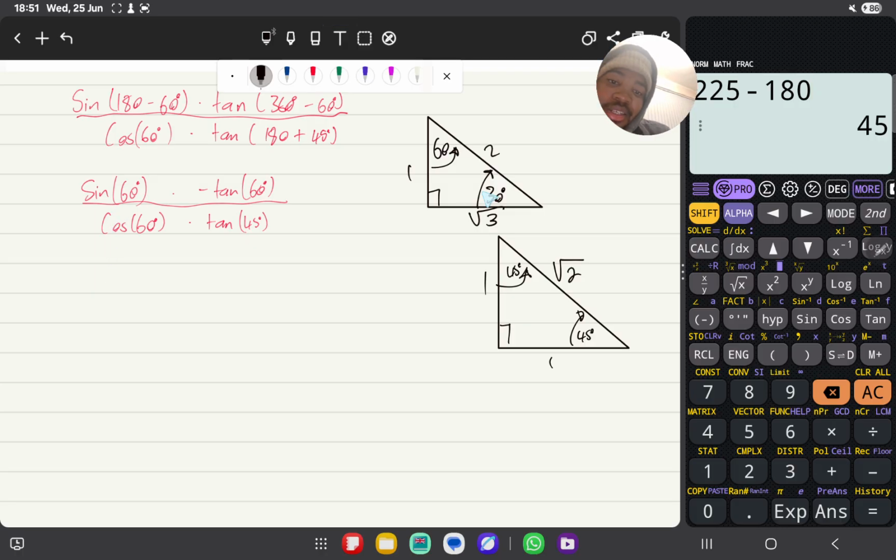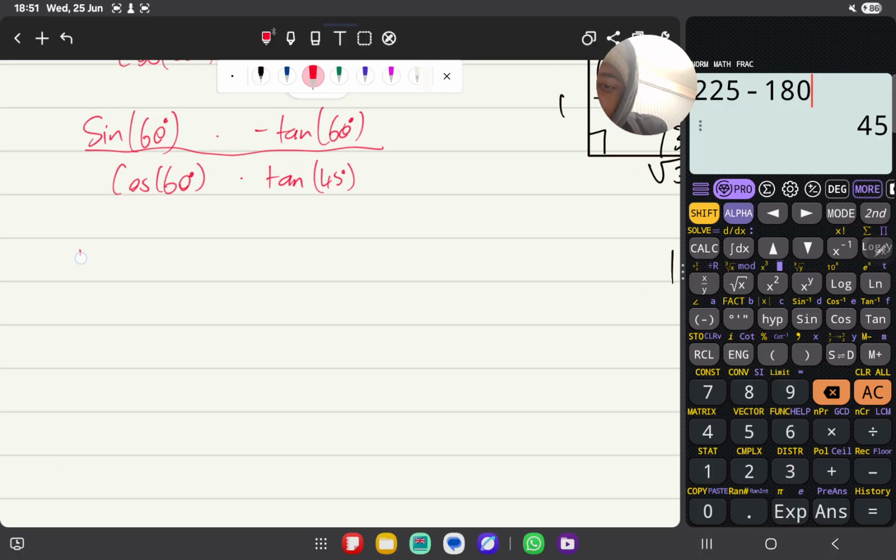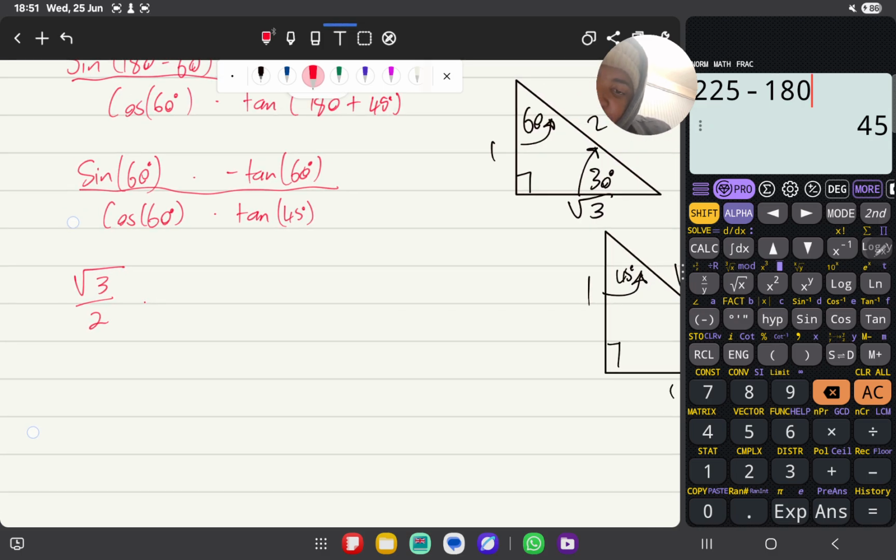So sine 60, opposite over hypotenuse, that is square root of 3 over 2 multiplied by negative tan 60. Tan is opposite over adjacent, so that is square root of 3 over 1.